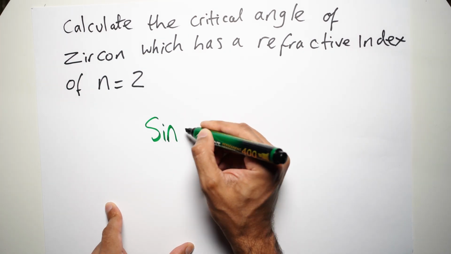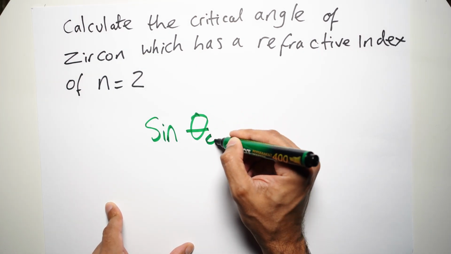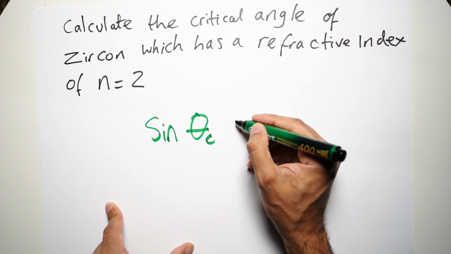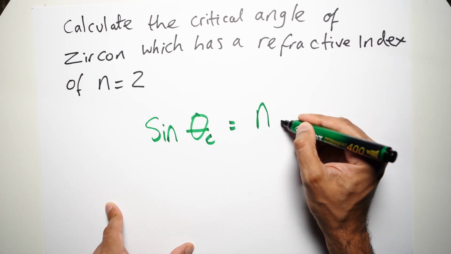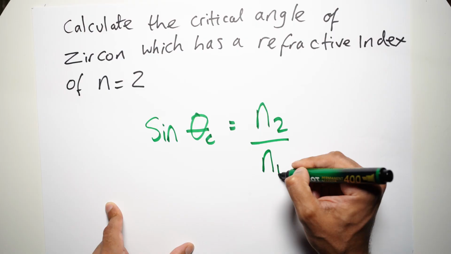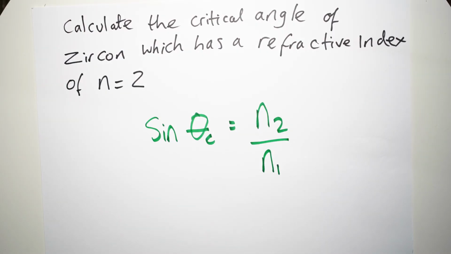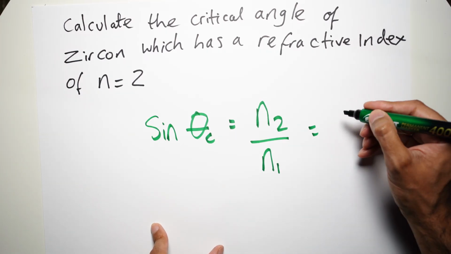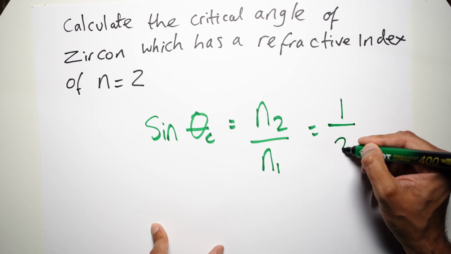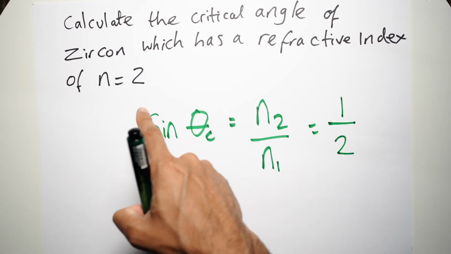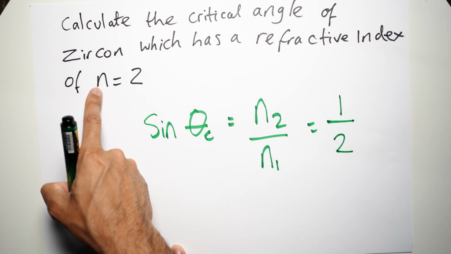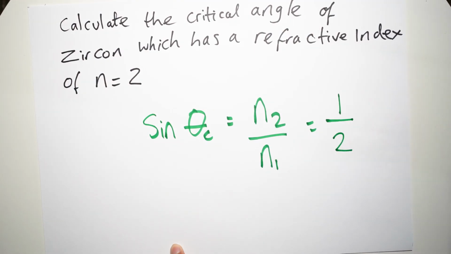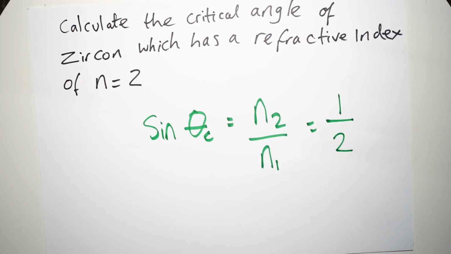So sine theta c, the critical angle, equals N2 divided by N1, like so. Now in this case, N2 is air, so it's 1 divided by 2, N1 is that one. It's kind of confusing because that N happens to be 2, but this is what you get.